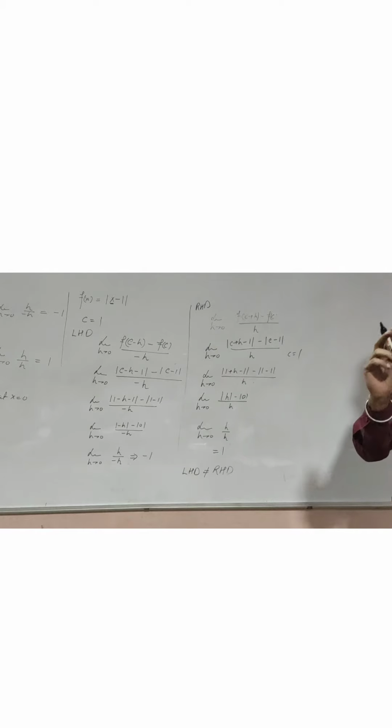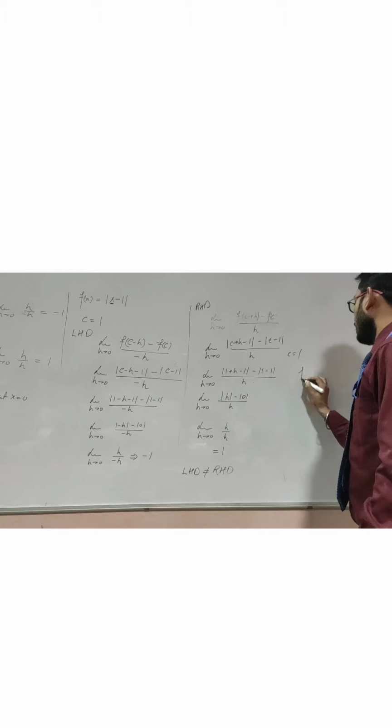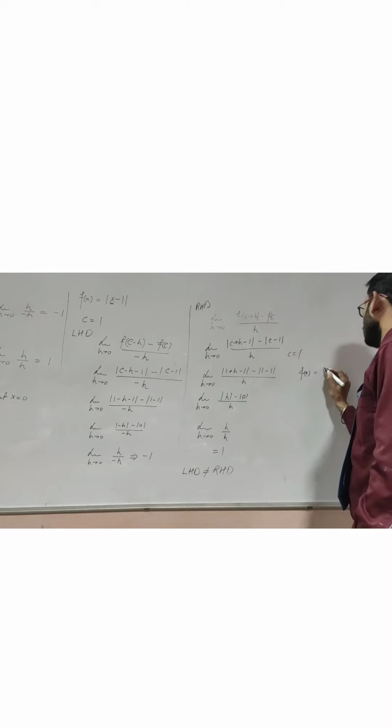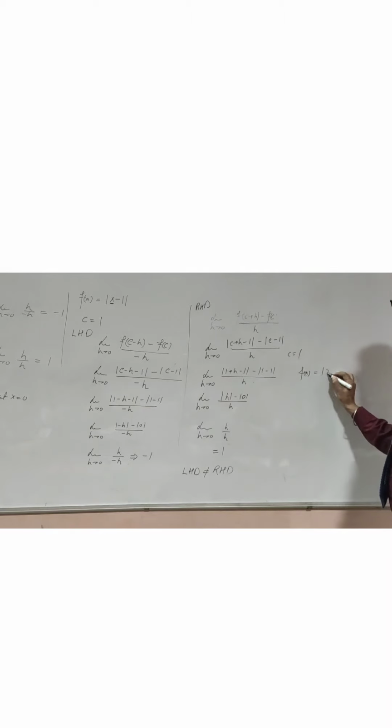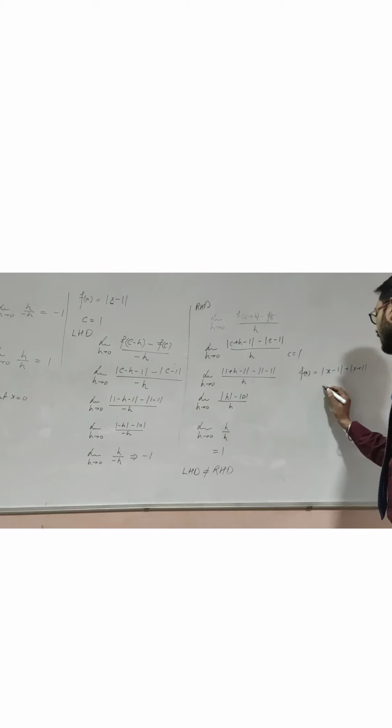Similar questions are asked in the board examination: f(x) equals mod (x minus 1) plus mod (x plus 1), we need to check its differentiability at x equals 1 and minus 1.